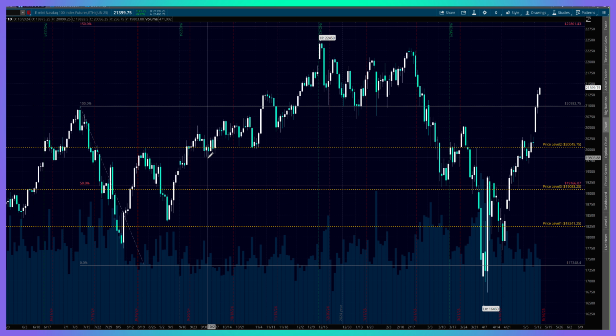You could, absolutely. But what ends up happening is you get so many of these Fibonacci sitting all over the place. You're like, what am I looking at? You need to think of big picture. Big picture. High, higher low, higher high, higher low, higher high, higher low, higher high.